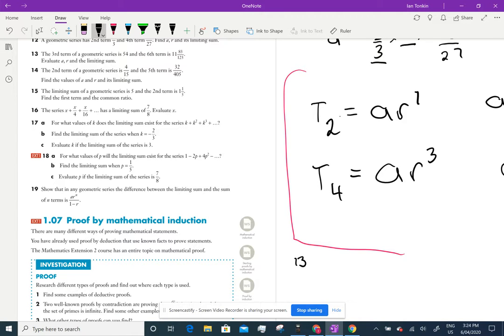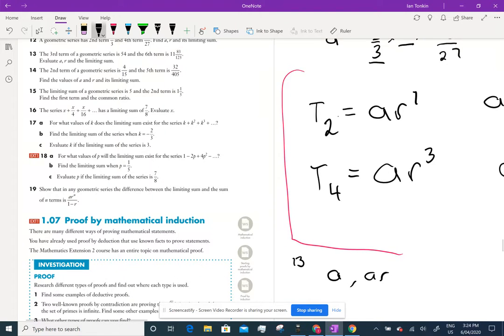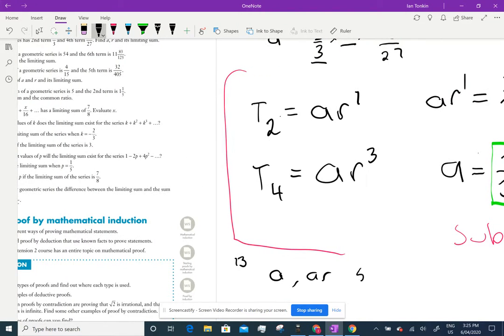So I've got the first term, could call it A. I've got the second term, let's use algebra. So I've got A, AR, and then the third term is 54. Then I times by R to get the fourth term.